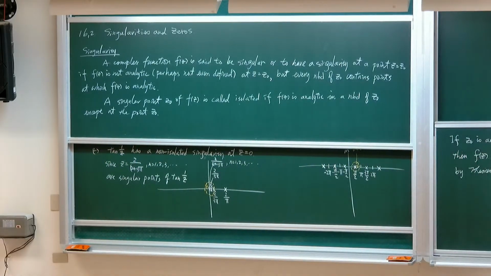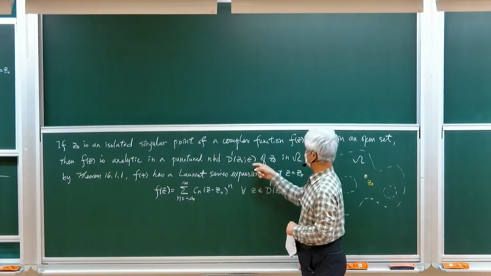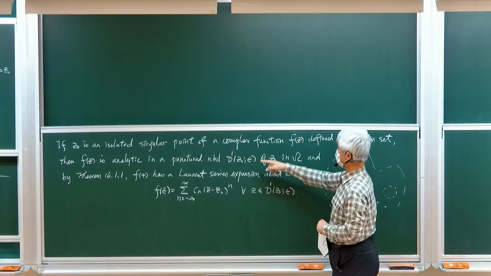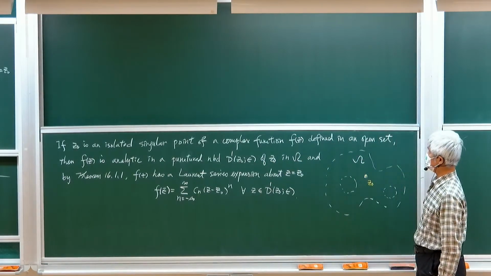So f of z is analytic in a punctured neighborhood, and this punctured neighborhood is in the open set.